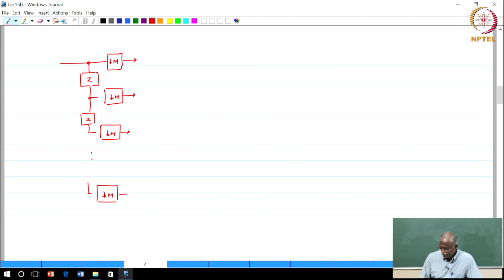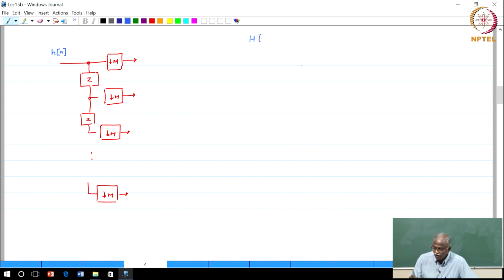Okay. So this is the blocking operation. So if I fed into this structure not some input signal, but my impulse response h of n, I have a filter whose impulse response is h of n.